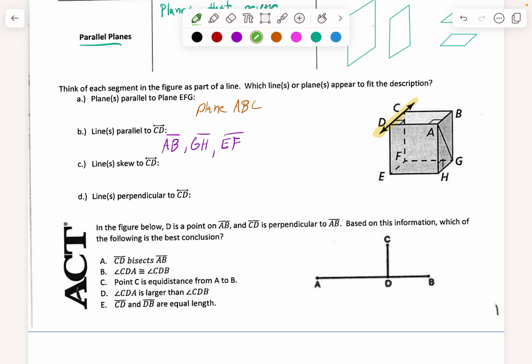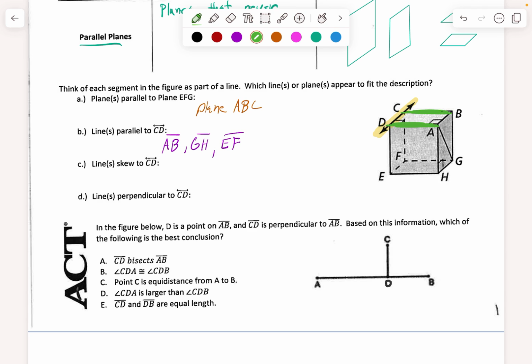I'll do perpendicular next, since we did that second. That would be anything that intersects. Since it's a cube, they intersect at a right angle always. But just remember, perpendicular means it has to be 90. So we're going to assume that this is a cube, which means that they're all 90.